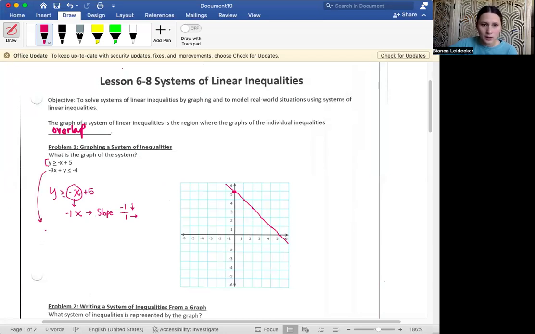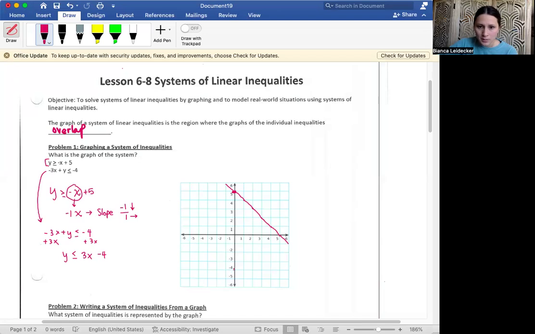Okay, looking at our next equation, we can't graph this just yet because it is not in the form of y equals mx plus b. So I'm going to add 3x on both sides and get y by itself. This now becomes y is less than or equal to 3x minus 4. I'm going to put the 3x in front, so it's in the form of y equals mx plus b.